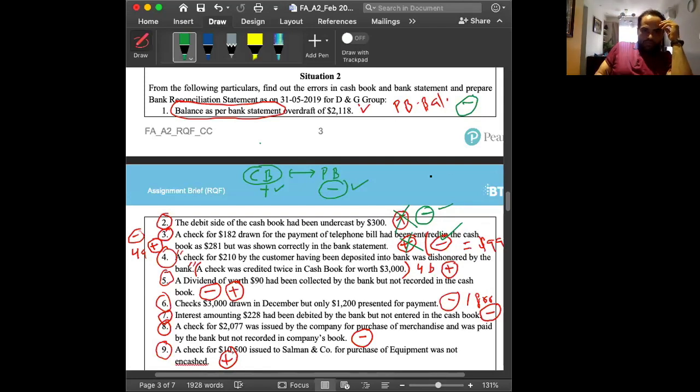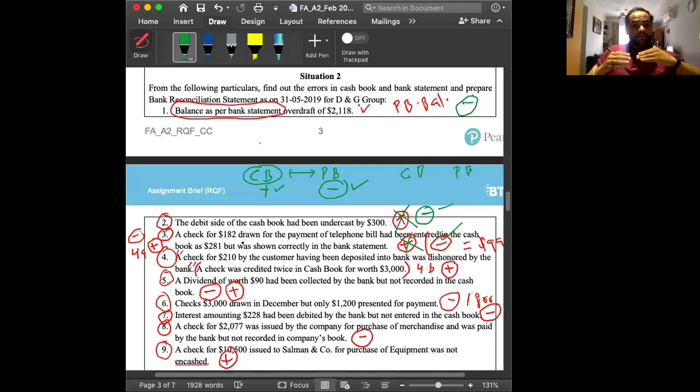We do the same thing, cash book and passbook. It was actually minus 182, but by mistake we entered minus 281.